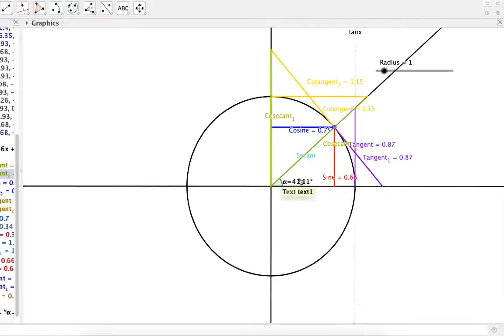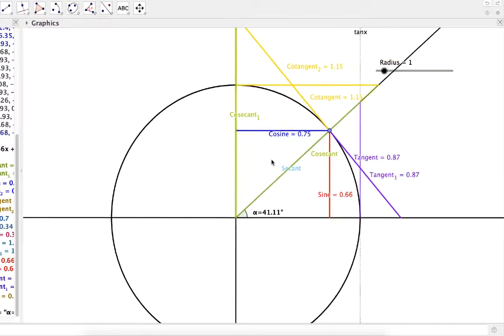And for our secant, we're going to use the same idea. It's going to be orthogonal to the y-axis, and it's going to lie on the x-axis from the origin out to the point where our new construction of tangent intersects the x-axis. The distance from this point here to the origin is the length for secant.